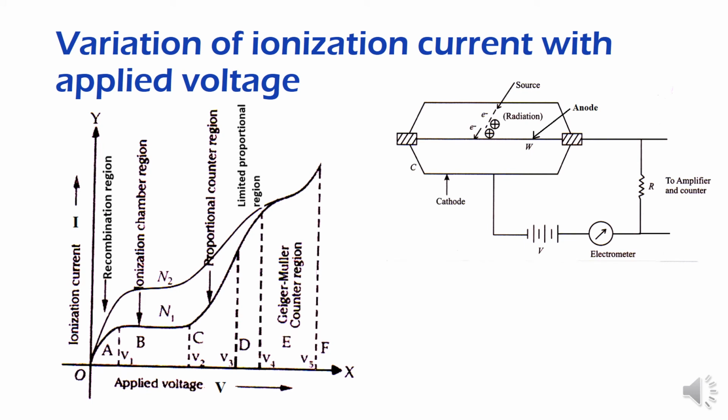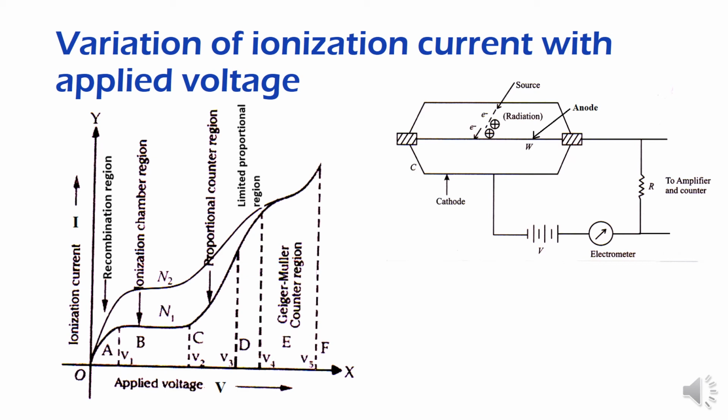Now the anode is at very high positive potential. As a result, as soon as the particle or the radiation enters into the chamber, the first primary ionization takes place, and the electron produced in the first primary ionization will get attracted towards the anode with very high kinetic energy.